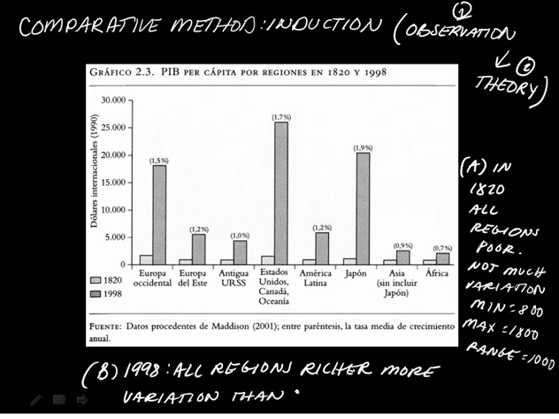So let's just make this a little bit more formal. Minimum, let's see, at still Africa, I'm going to estimate that at about $1,500 US in 1990 terms per capita, so 1,500. The max, we're going to say that's the United States and Canada and Oceania.